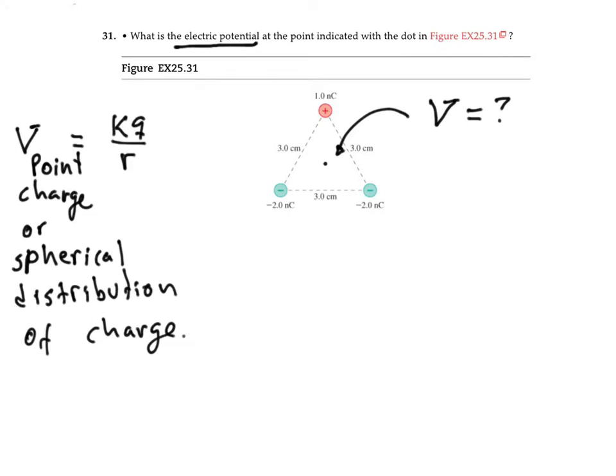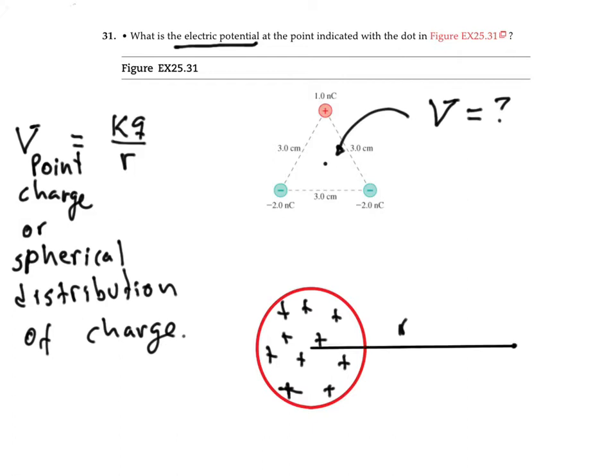But this equation also applies for a spherical distribution of charge. So in this problem, it really doesn't matter whether those charges are point charges or not, as long as the point where we're looking to calculate the potential is not inside one of those charges. The equation for a point charge applies the same. A spherical distribution of charge has the charge spread on a surface or on a volume, but it's symmetrical.